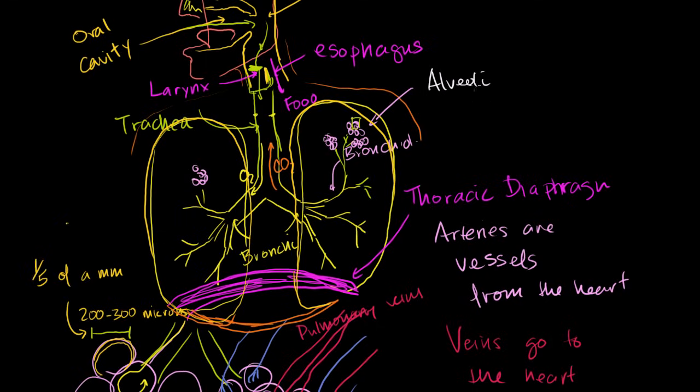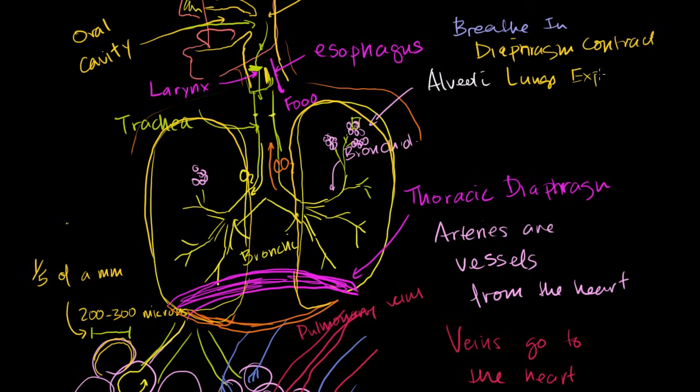So when we breathe in, our brain is essentially telling our diaphragm to contract. We have more space around our lungs. Our lungs expand to fill the space.